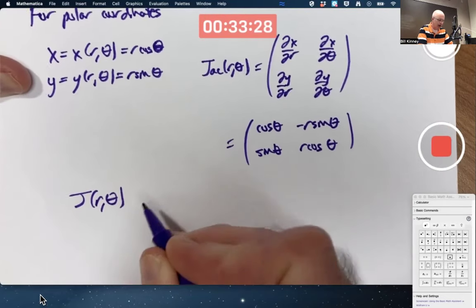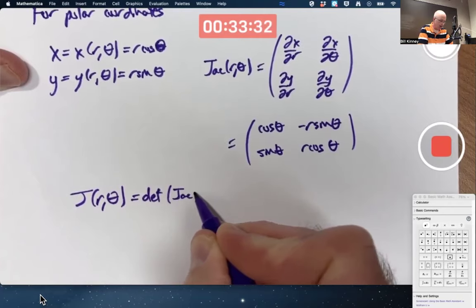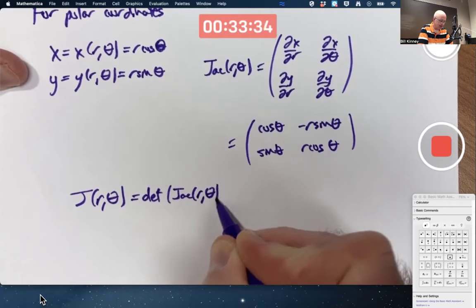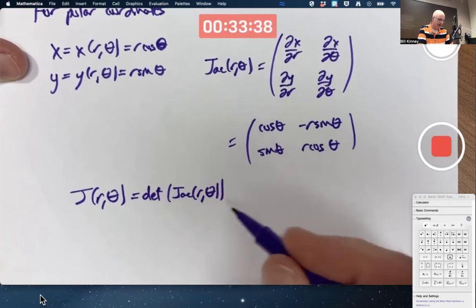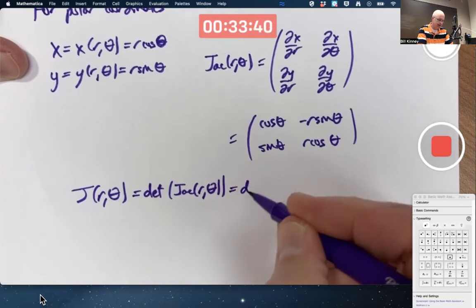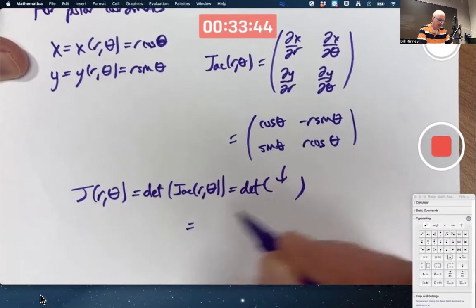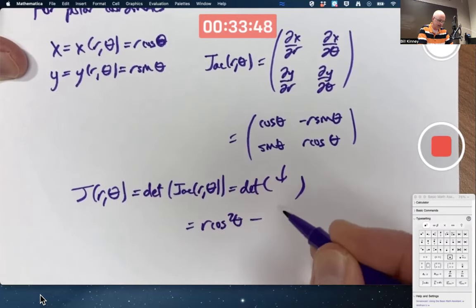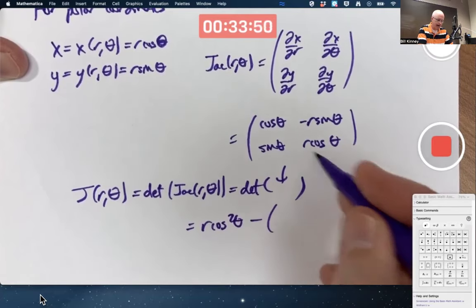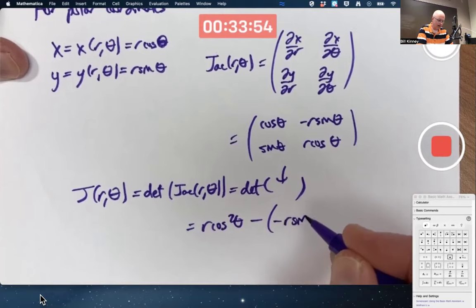Which I'll just call J of r, theta. One more time, that's different than the reading's going to do. They don't use a Jac anywhere. That's the determinant of this, which upper left product is r cos squared theta minus, that's the main diagonal product. The off diagonal product is minus negative r sine squared theta.